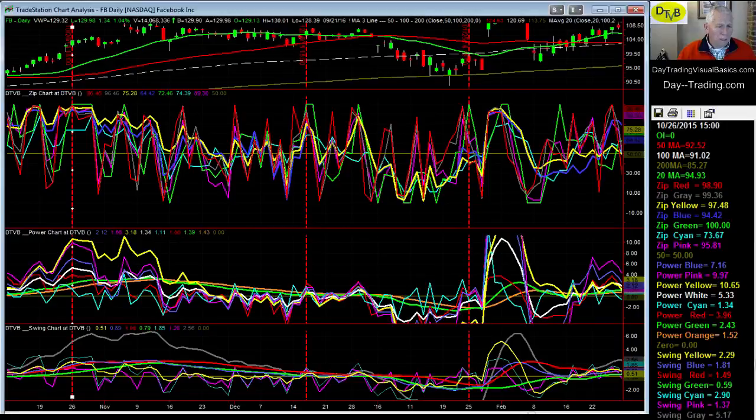But zip pink is still climbing up, even though your zip yellow is above it, as green continues on for about 4 days at 100.